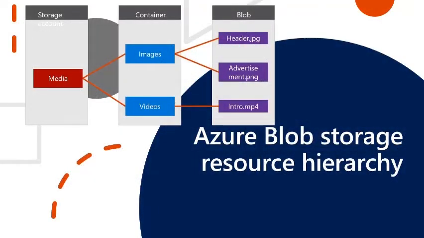Let's go. So Azure Blob Storage hierarchy. Azure Blob Storage allows access to stored data through its resources. It contains three components actually. Storage account: this refers to an account that you can use to access Azure storage.